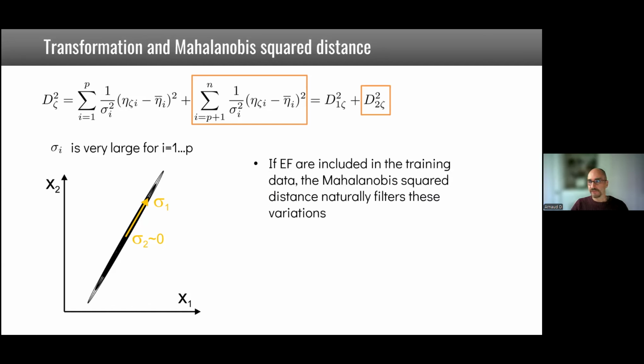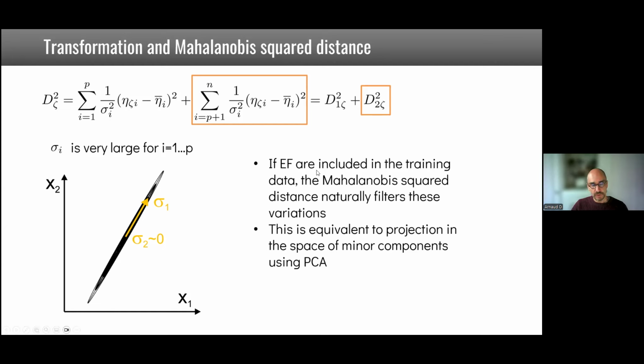So if you are computing your covariance matrix with data that contains all the environmental factors, then this sigma 1 direction will be the direction in which all the environmental effects are changing your data, only along this line, and they are not changing anything along this line, okay? And so if you use the Mahalanobis squared distance, this will be very small because sigma is 1, so this will be almost 0.